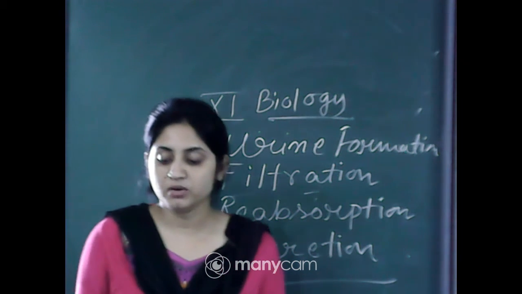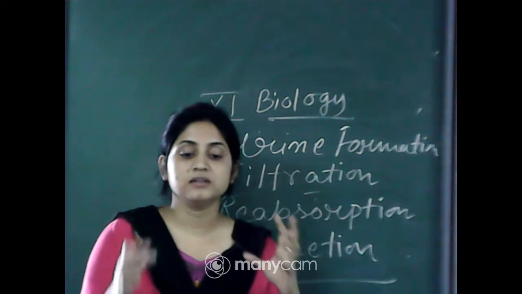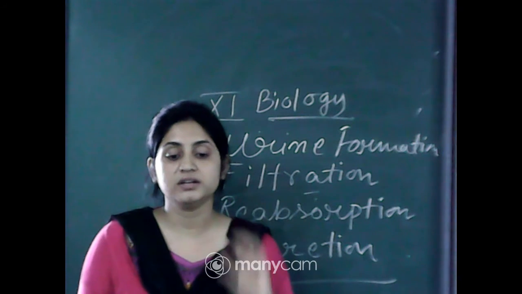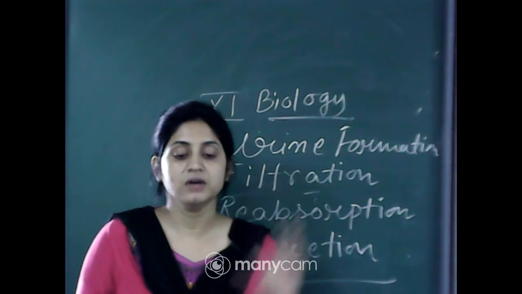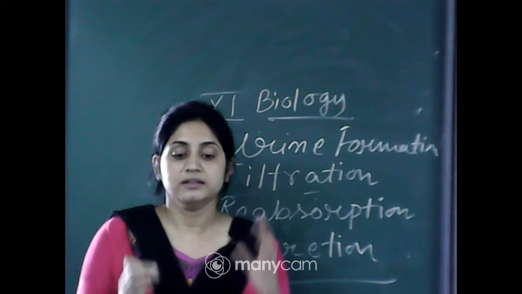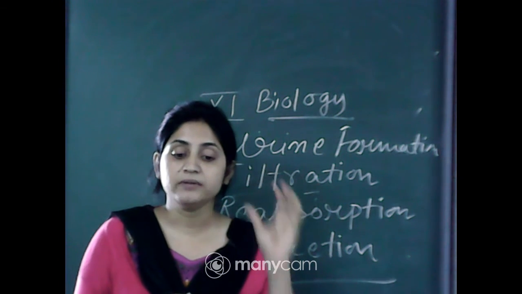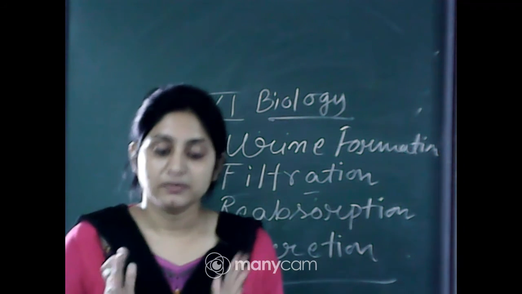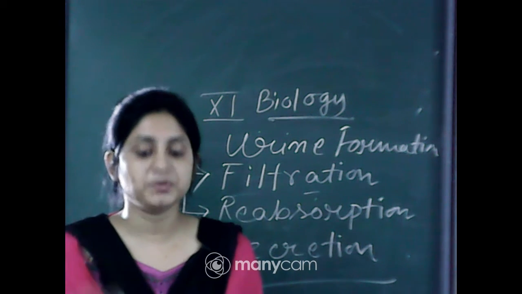Both wastage materials and useful materials are accumulated in the blood. The useful materials are absorbed by our body's tissues, and the wastage material is filtered by the glomerulus, which filters 1100 to 1200 milliliters of blood per minute, and this is 1/5 of the blood that the ventricle pumps into our body.